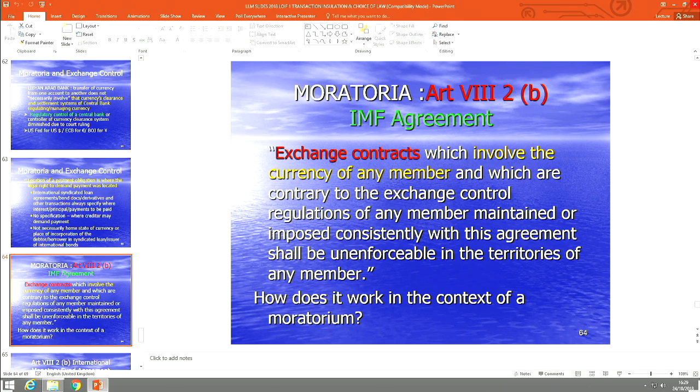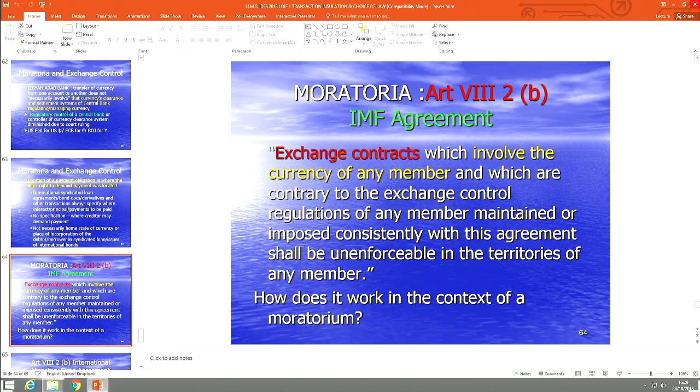So this rule that I'm about to talk about is part of the law system of every country on the planet, basically. And therefore, whatever law system you choose as your governing law, Article 8.2b applies. And what Article 8.2b says has relevance to the question of moratoria. I'm quoting the entire article, word by word.